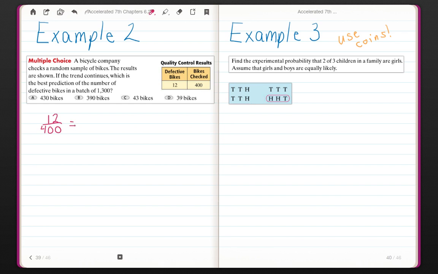I can reduce that by dividing both by 4 to 3 out of every 100 is defective. So if 3 out of every 100 is defective, how many are defective out of 1,300? To go from 100 to 1,300, I'm going to multiply by 13. I'm going to do the same thing here. Multiply times 13. And 3 times 13 is 39. So I can estimate that 39 bikes will be defective out of those 1,300 that were made.